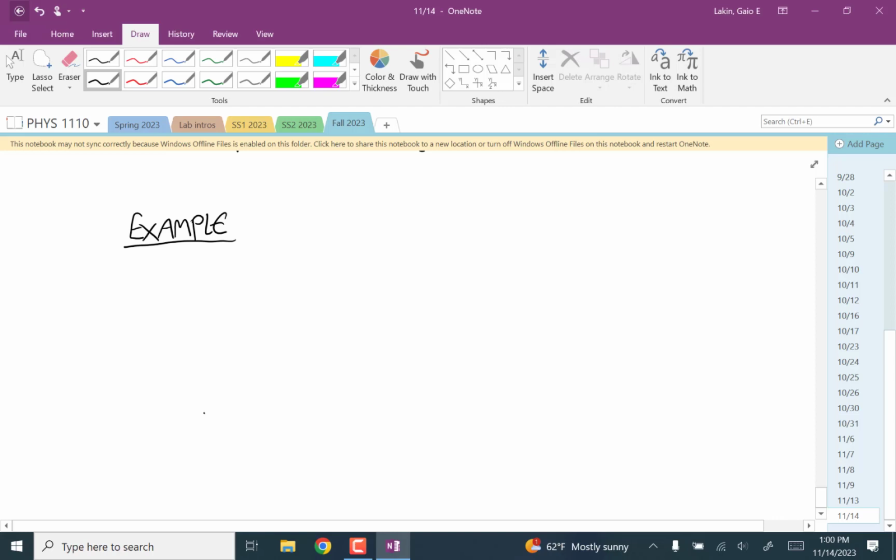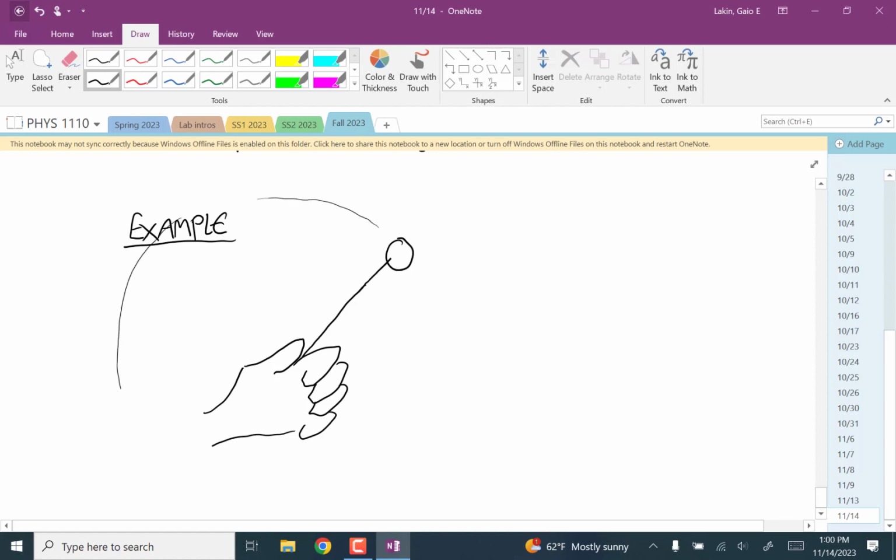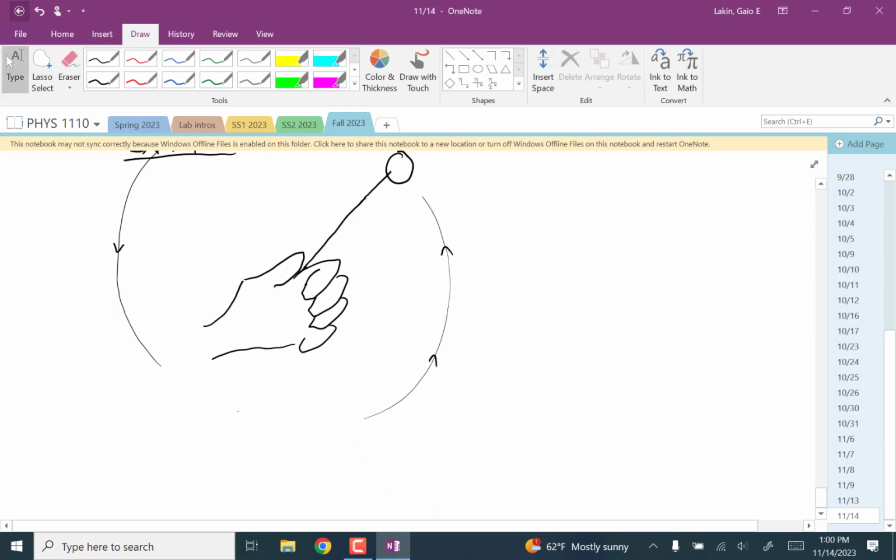So let's say that we have this mass on a string and a person is swinging this around in a circle. Okay, so this is going around in a circular path. And let's say that the length of the string is 0.2 meters, 20 centimeters.